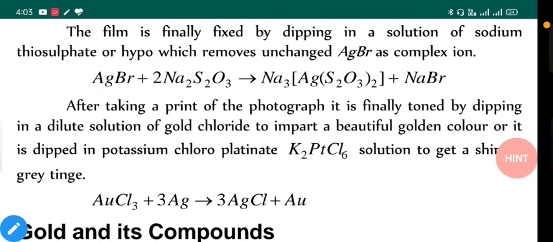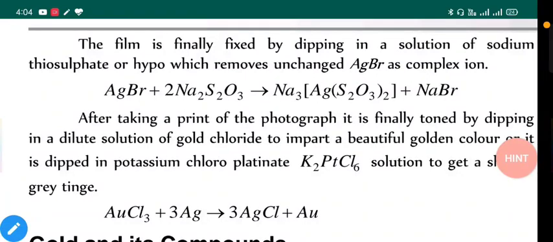And then the film is finally fixed by dipping in a solution of sodium thiosulfate or hypo, which removes unreacted AgBr as a complex ion. So AgBr with Na2S2O3 gives Na3[Ag(S2O3)2], which is already discussed earlier. Now after taking the print of the photograph, it is finally toned by dipping in a dilute solution of gold chloride to impart a beautiful golden color, or it is dipped in potassium chloroplatinate K2PtCl6 solution to get a shiny gray tint.